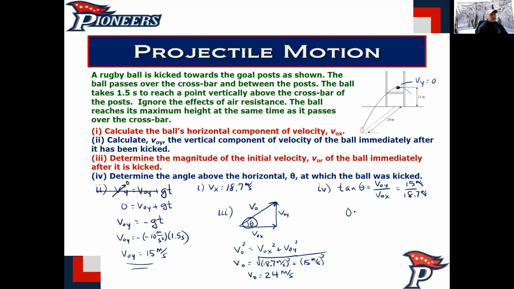But to get theta, you have to do the inverse trig function. Again, make sure your calculator's in degrees when you do this. And I get 38.73, so I'll just call that 38.7 degrees.